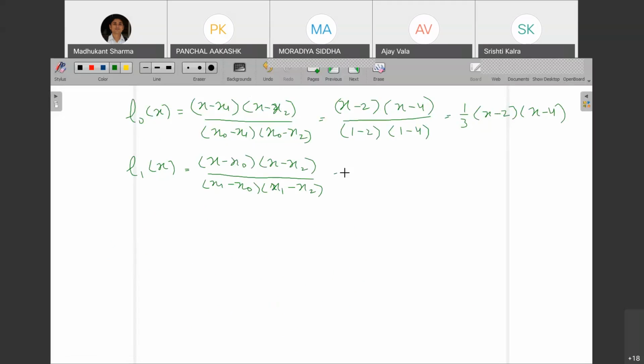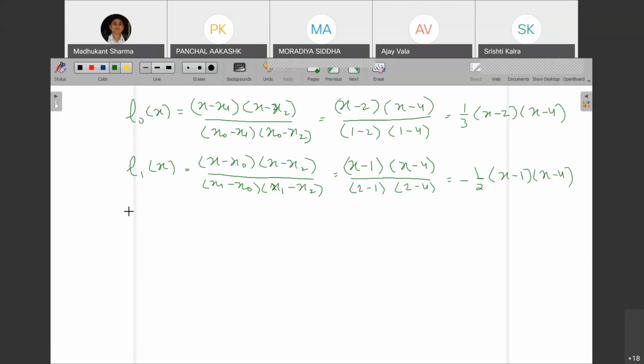If you fit the values here, that is x minus 1, since x0 value is 1, and x minus 4, since x2 value is 4, and note that the x1 value was 2. So the denominator is 2 minus 1 and 2 minus 4, that is 1 into minus 2. So L1 of x is minus 1 by 2 times x minus 1 into x minus 4.